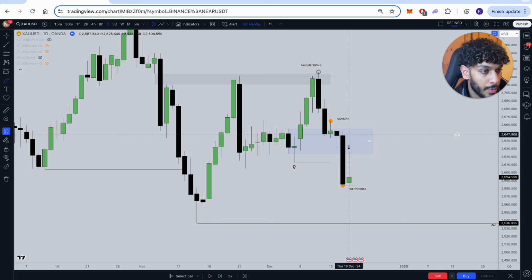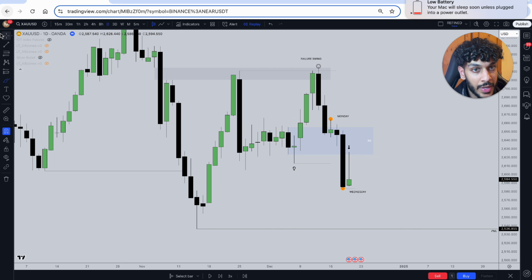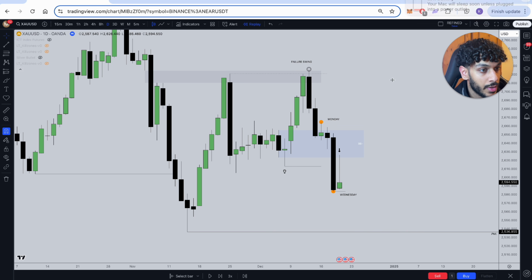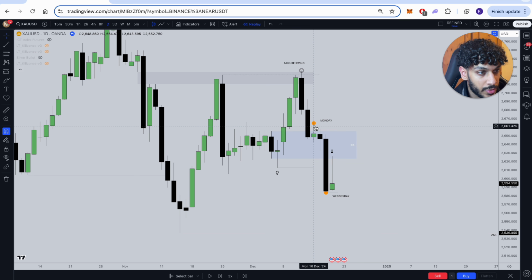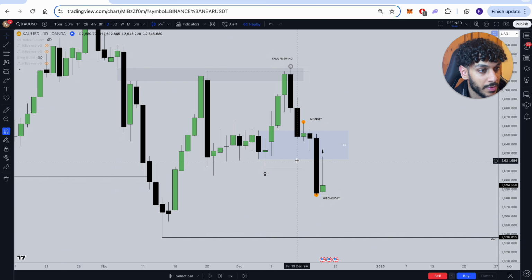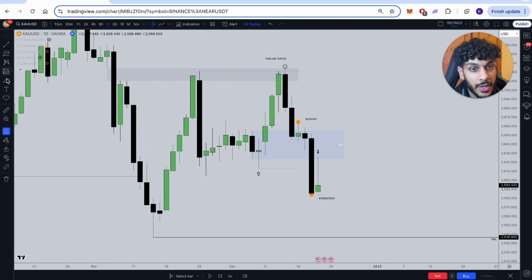So based on the weekly cycle, we can see how Monday created the high, Tuesday created another candle, a little bit more indecisive, and then Wednesday went ahead and showed the expansion lower. Now in a classic sell week profile where Monday/Tuesday creates high of the week and price expands lower, we want to see Thursday or Friday ideally create low of week.